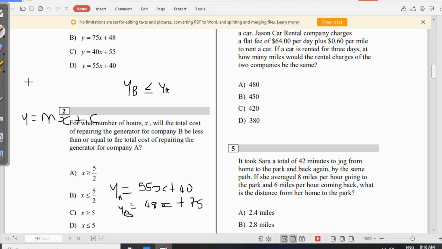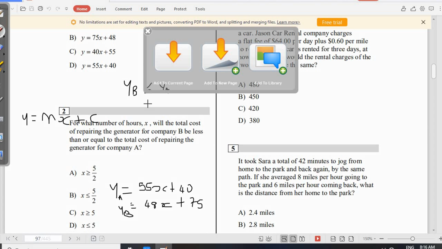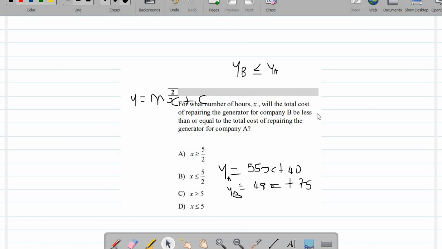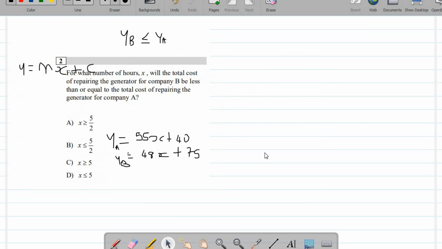Let's crop this in and take it straight to our learning page. So we're going to have 48x plus 75.